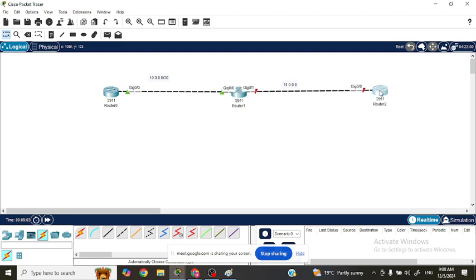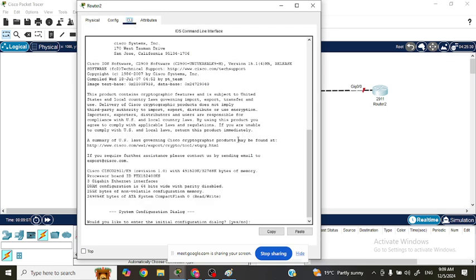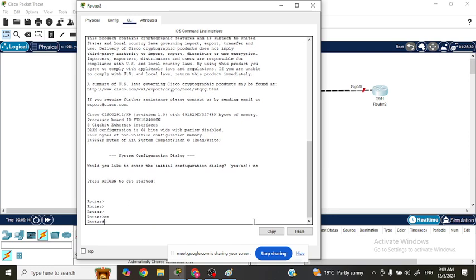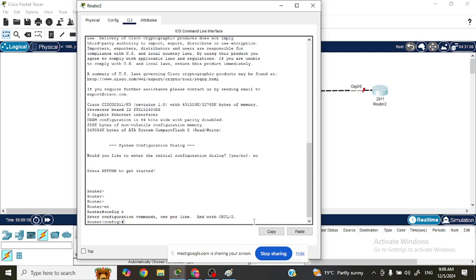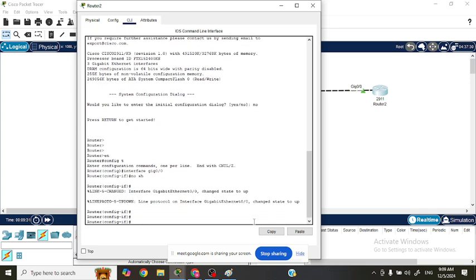So now I'm coming on router 2. Config T, interface gig 0/0, no sh, IP address.